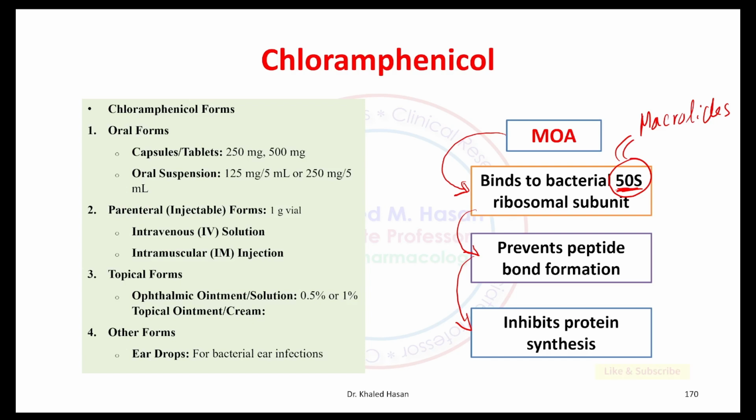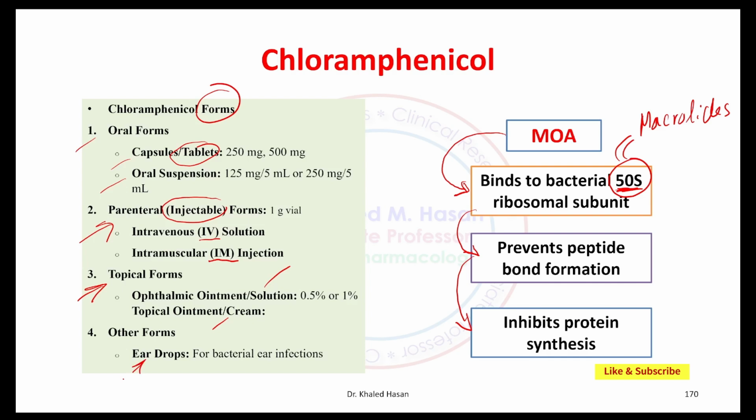Now, what pharmaceutical forms are available for chloramphenicol? We have oral forms like capsules, oral suspension or tablets available for clinical use. We have injectable forms for IV solution or IM injection. Then we have topical forms like ointment, solution or cream, and also eye drops.